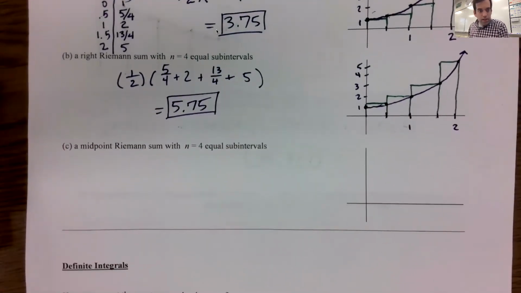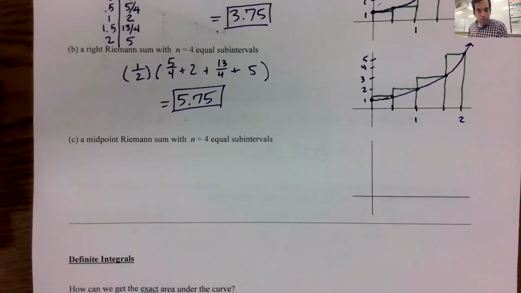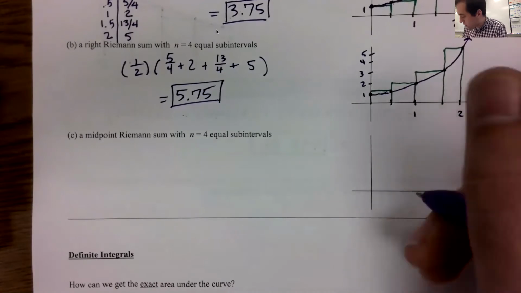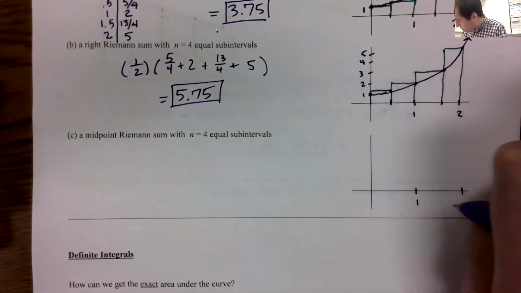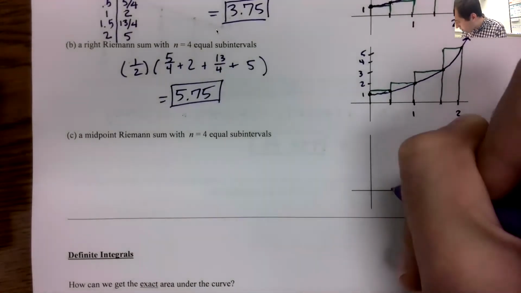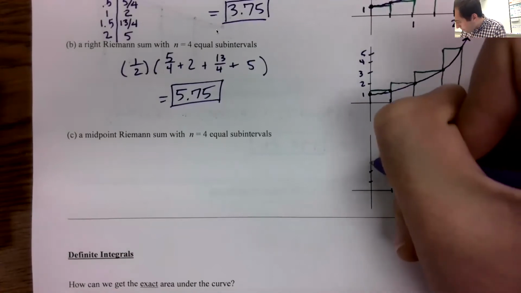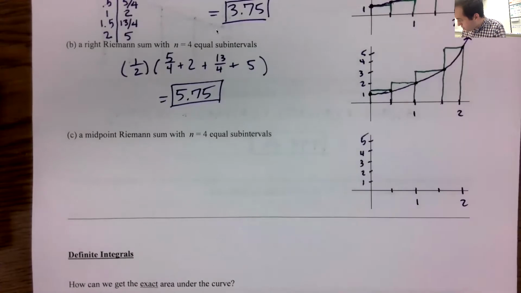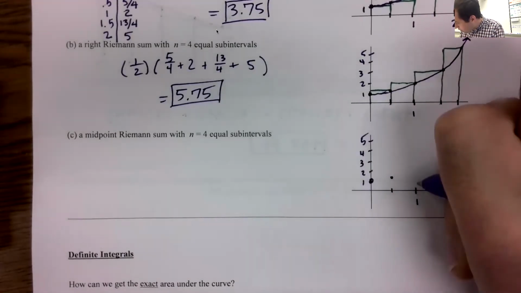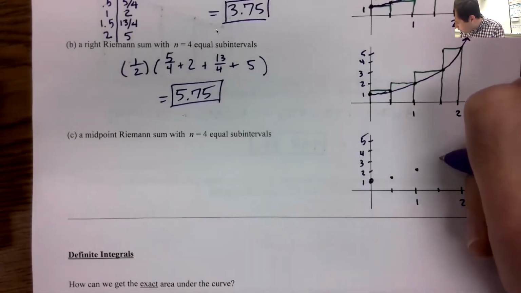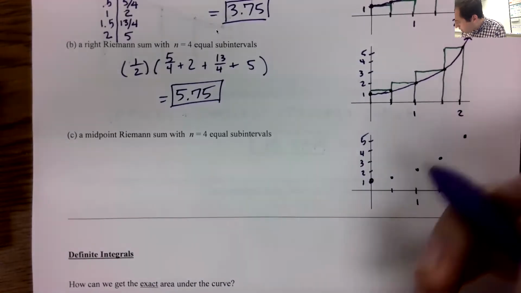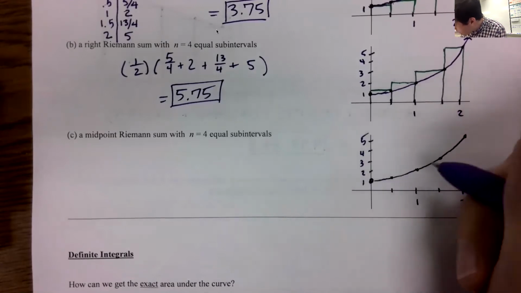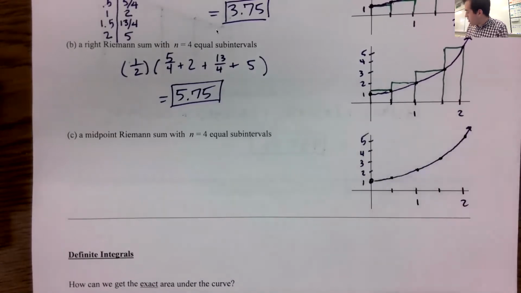What about letter C? Now we're going to do a midpoint Riemann sum with n equals 4 equal subintervals. So once again, I'm going to quickly sketch this. Looks something like this. I feel like every time I get a little bit better.